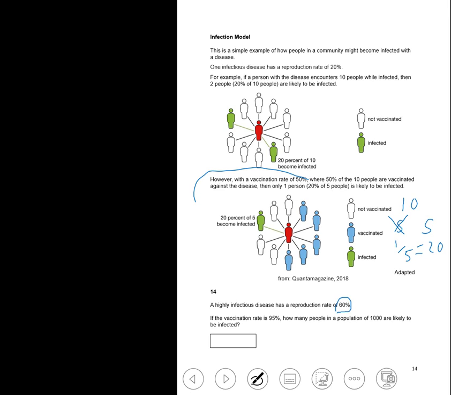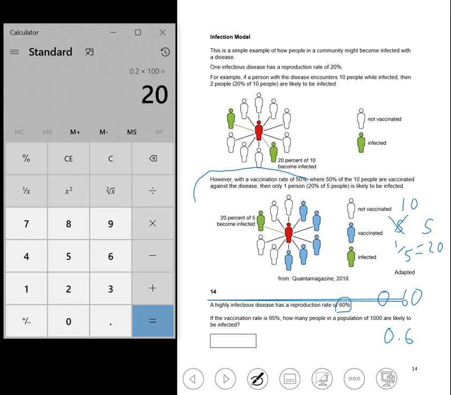So it is saying that out of that 1,000, there's 600 that could end up getting the disease, because that's what 60% of 1,000 is. 60%, remember, just have to divide by 100, so it should be 0.6. So 600 out of 1,000. Actually, sorry, I'll just put in 0.60 times 1,000.